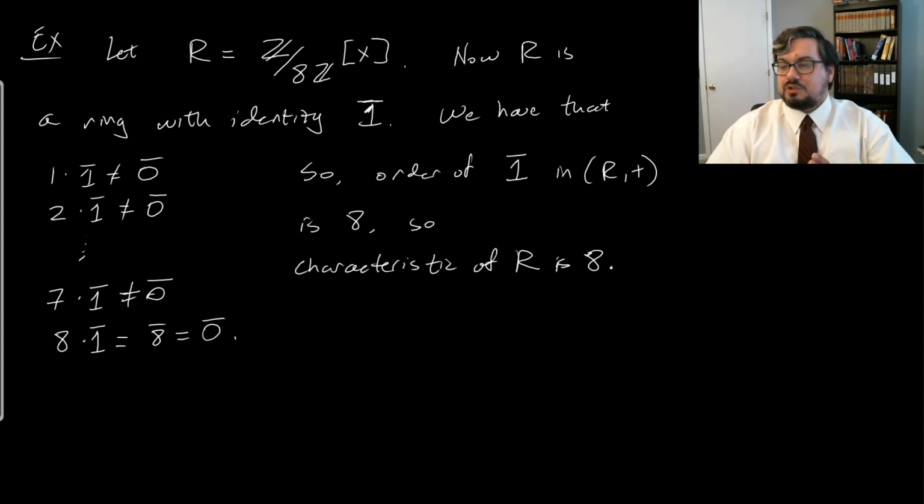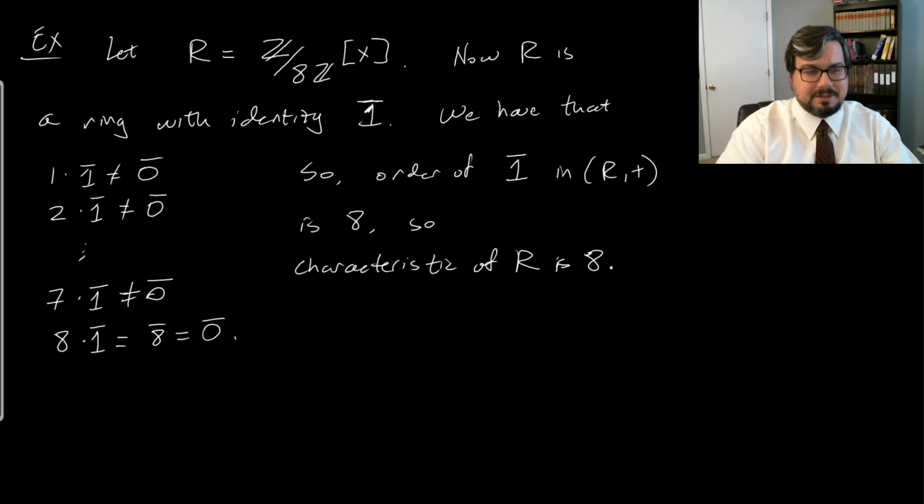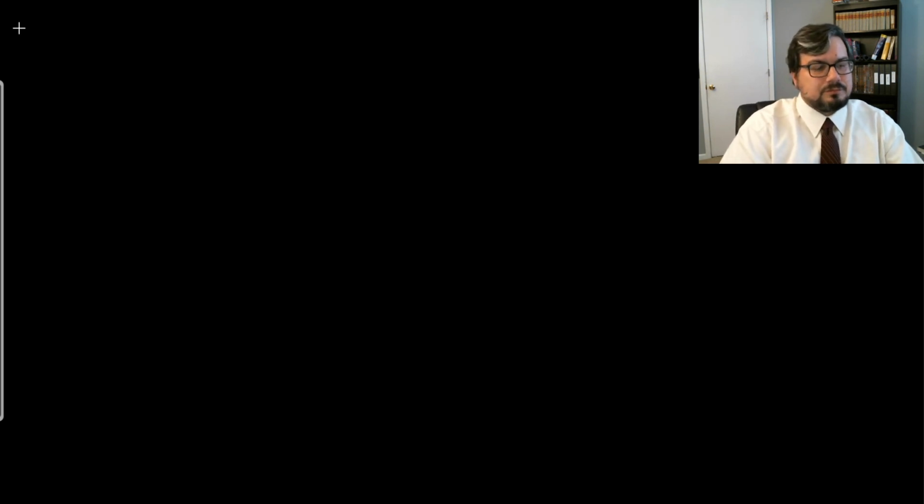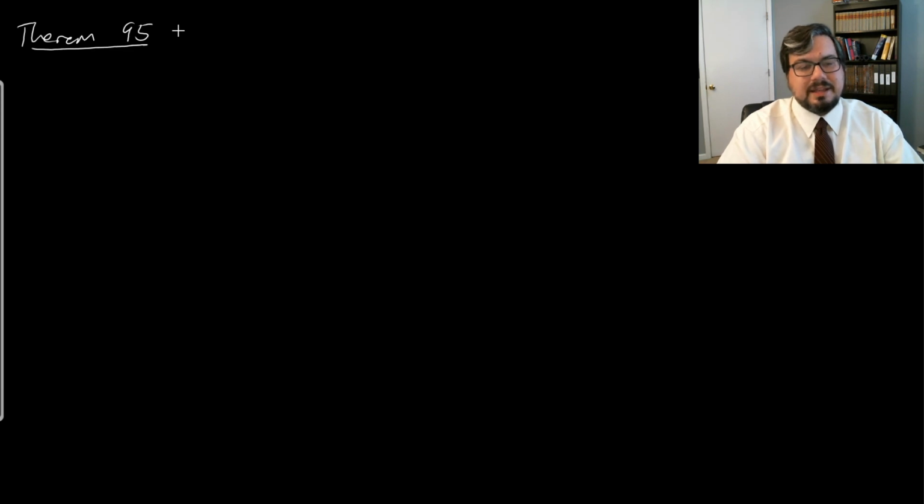All right, so the last thing that we want to see is that when the ring R is a domain, including when it's a field, then the characteristic can't be too many things. Theorem 95 states that: let R be a domain.